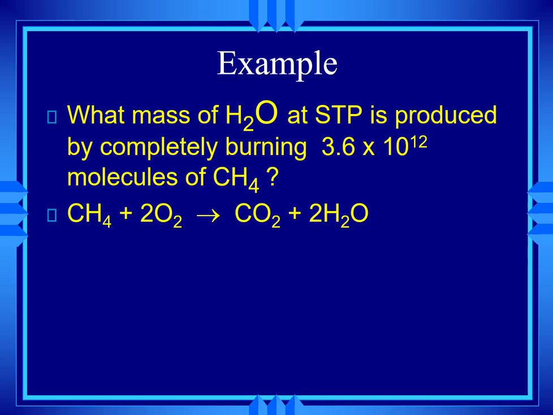Well, start these problems like I do all of them. Write down what they give me so that I can change the units. Okay. So what unit do I want to get rid of? CH4.